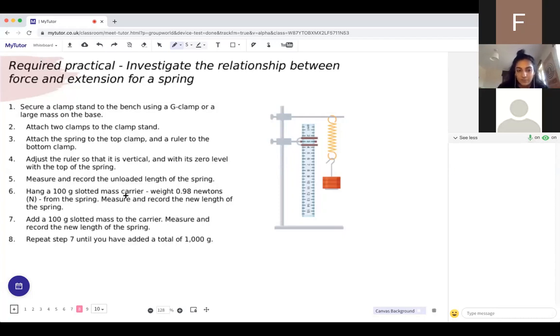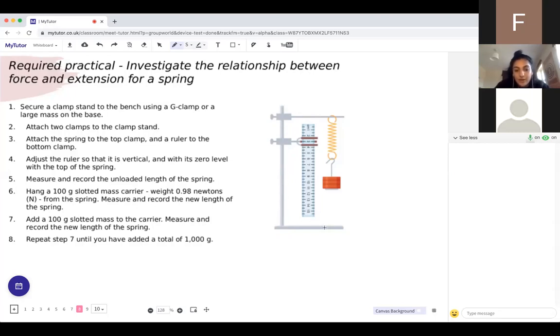Does it not? So the method that we need to use and the method that you need to memorize for the required practical is as follows. We're going to set up a clamp stand on our workbench using either a G-clamp or a large mass on the base. So this is an example of a G-clamp, this set up here.